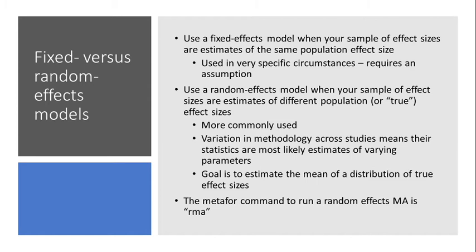If you were to do, say, an internal replication of your own study, or replications that are tightly fixed together. The other way of putting it is that you assume that the variation in the effects is just due to sampling error. Okay. So if you expect the variation to be due to anything beyond that, you would use random effects. If you're unsure, use random effects.